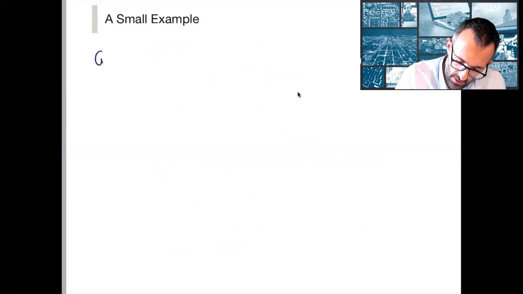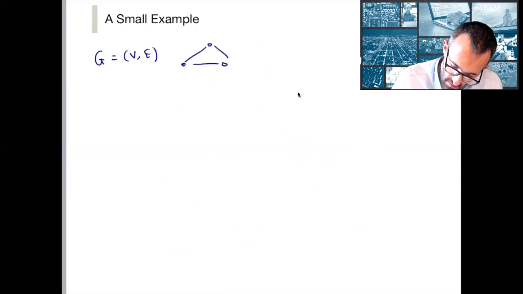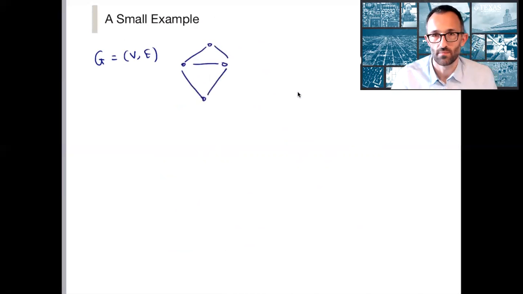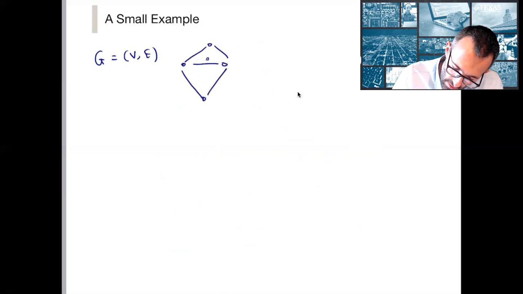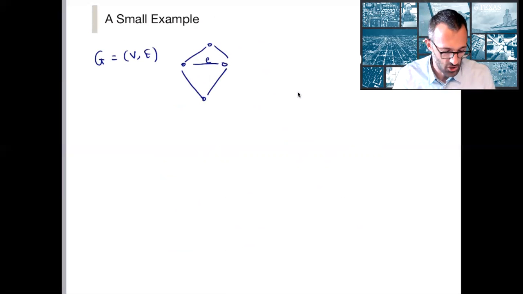So let's look at a graphical matroid, and so this is my graph, and let's call this the element e. And now let's just look at what are the bases with respect to contraction or with respect to deletion.